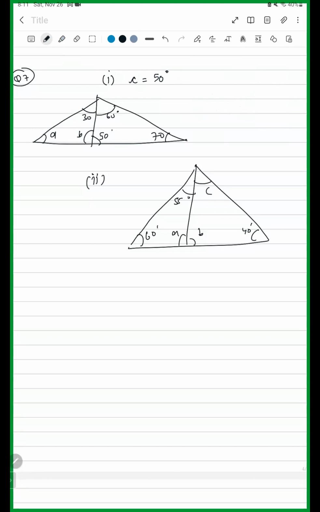Yeah. So wait. Can we say B plus 50 is 180? Yes, B plus 50 is 180. Then B becomes 30. No, not 30, but 130.